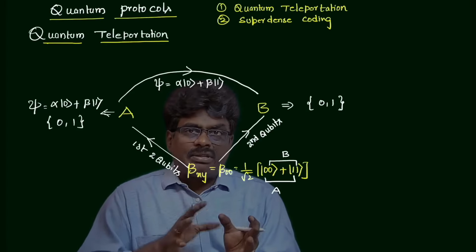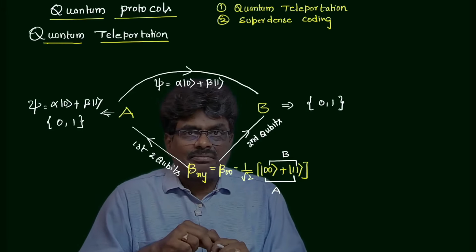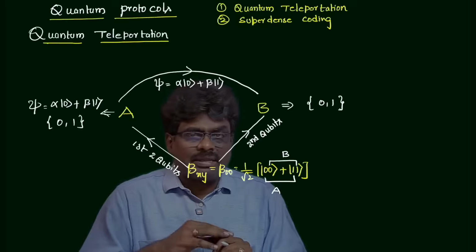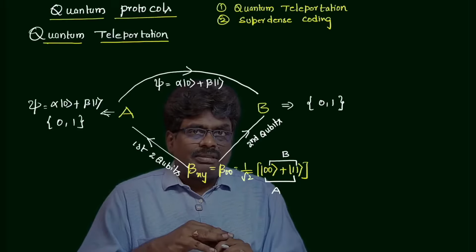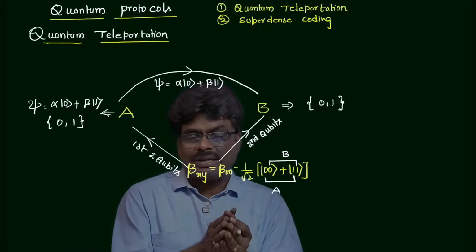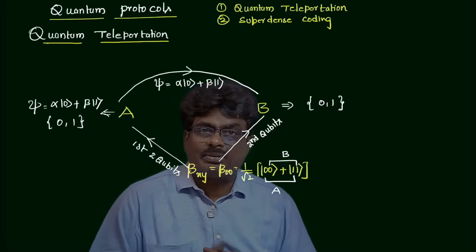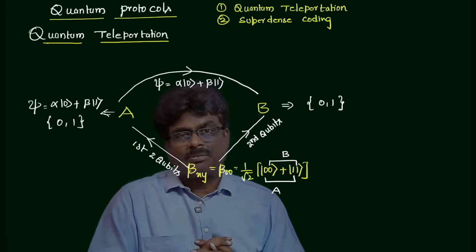After making a measurement, A should inform B whatever he got in that measurement. For that he will use some classical channel. Then B will do some operations on his own state, and finally he will get back this psi, alpha 0 plus beta 1. So this is the problem.